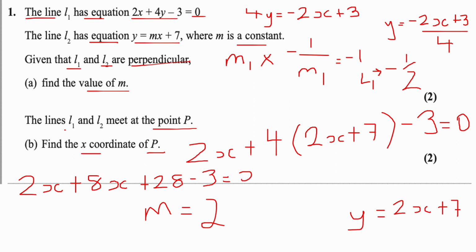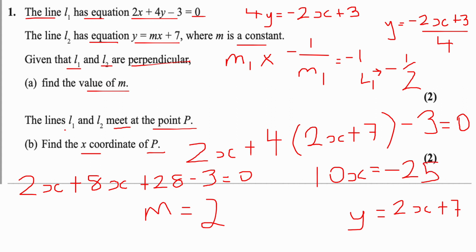When they meet, that's the point of intersection, so you equate both equations together. In this case, I substituted this one into here to work out my x value. So 2x plus 8x equals 10x, 28 take away 3 equals 25, and taking it over to the right-hand side, I get 10x is equal to minus 25.